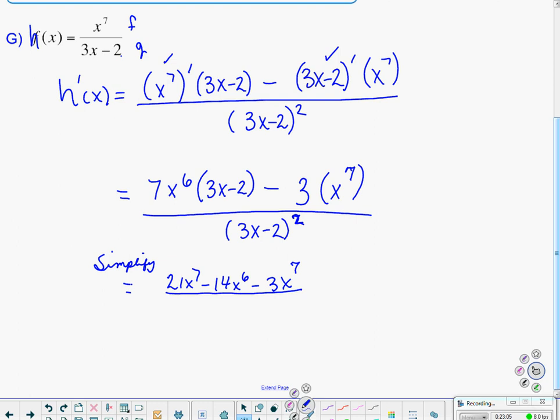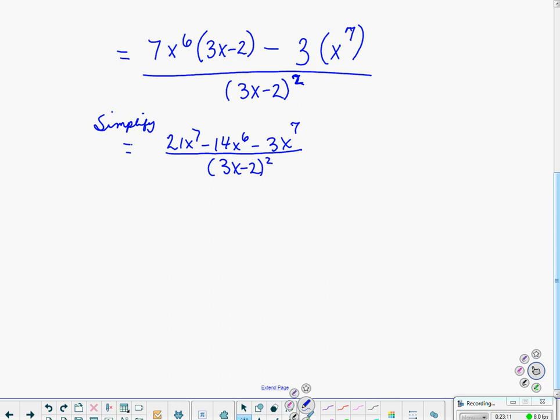All over 3x minus 2 quantity squared. Simplify one more step. My h prime of x turns out to be 18x to the 7th minus 14x to the 6th all over 3x minus 2 quantity squared. There's your answer.